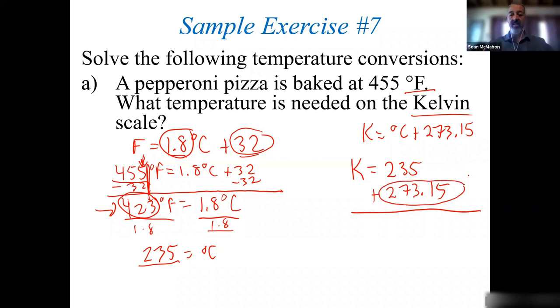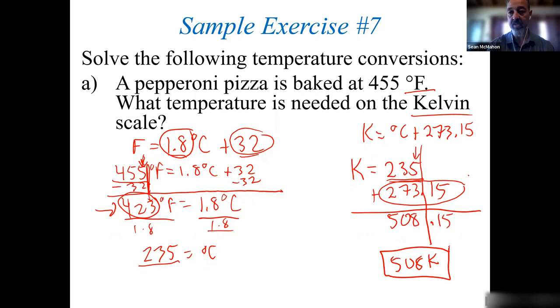It has infinite sig figs. I'm using this number. When I use this number, I go to the ones place. That's the precision. So my final answer, if I was to add this up, if I put this on a calculator, it's 508.15, but I can only go to the ones place. So my final answer is 508 Kelvin to the ones place, which leaves me with 3 sig figs.